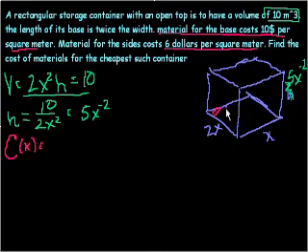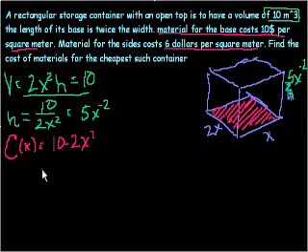So this base right here, the material costs $10 per square meter. So what is the cost of the base? Well, it's going to be the area of the base times 10. So it's 10 times the area of the base. What's the area of the base? It's 2x times x. So it's 2x squared. So this is the cost of the material on the base.